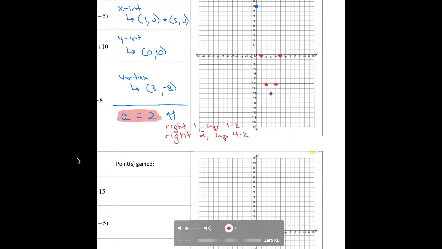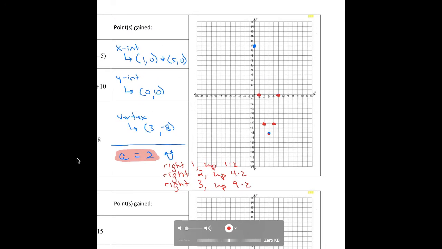Next, right 3, up. 3 squared is 9, and then times 2, 18. Okay, so I would go right 1, 2, 3, and up 18.